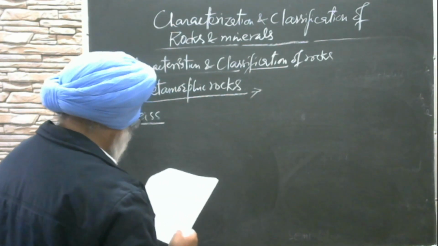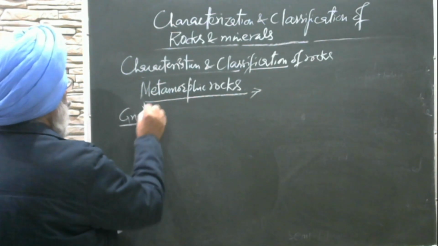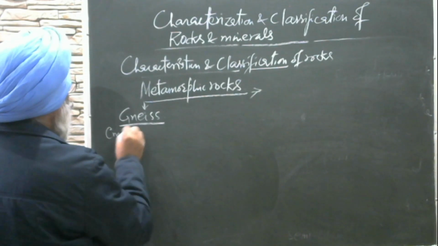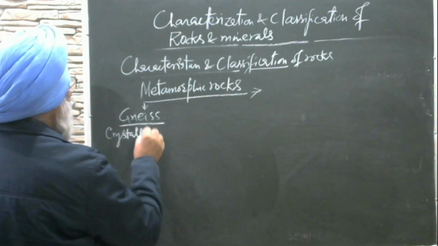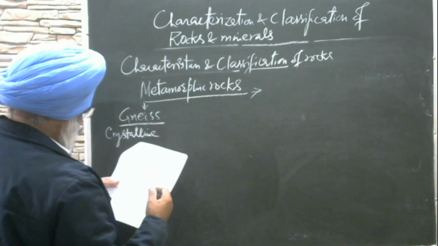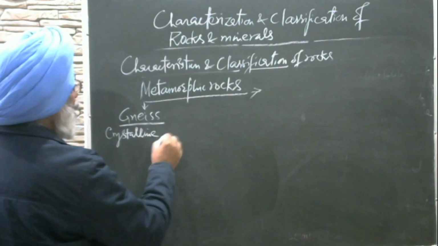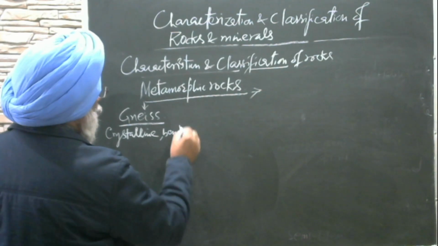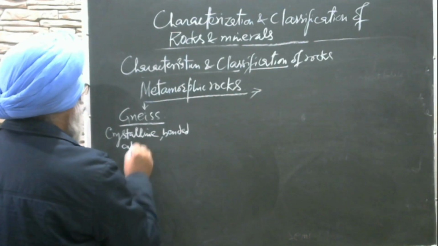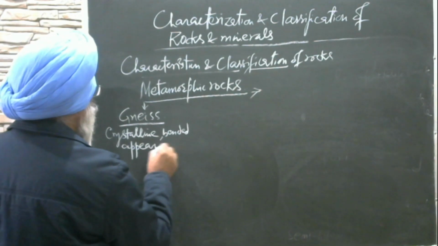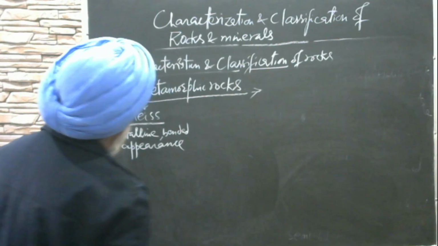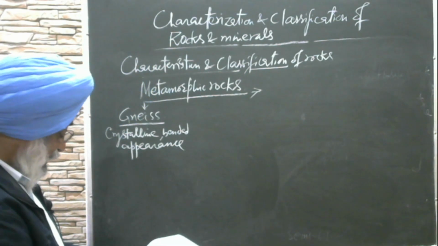First group is gneiss. These are crystalline, banded appearance. So gneiss is crystalline, banded appearance.